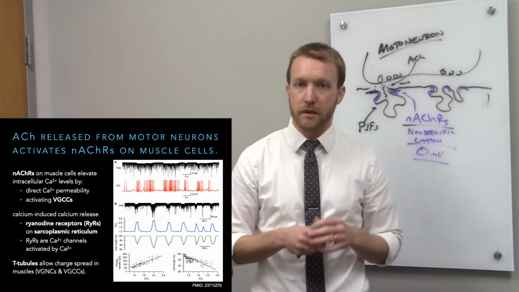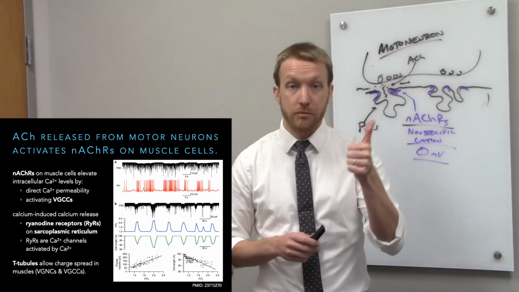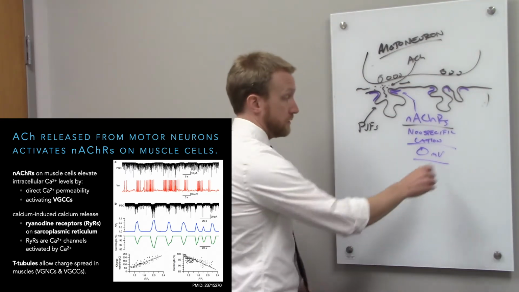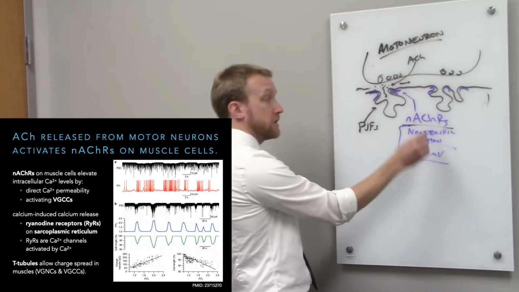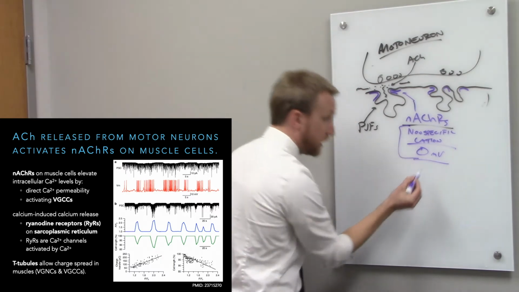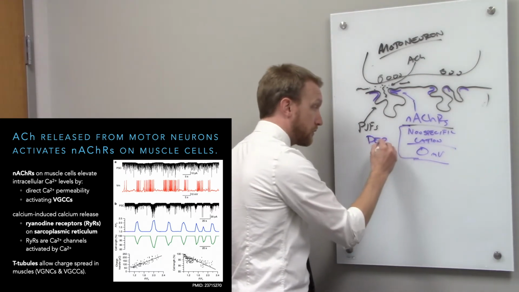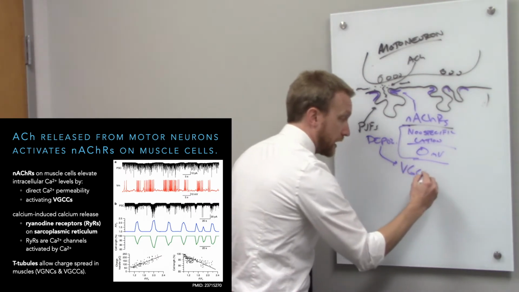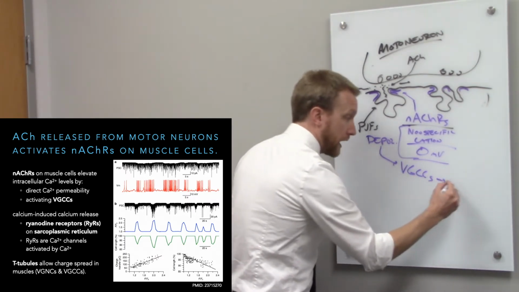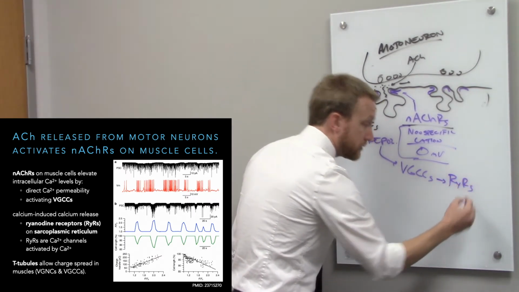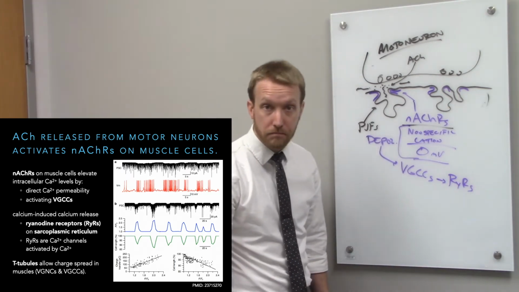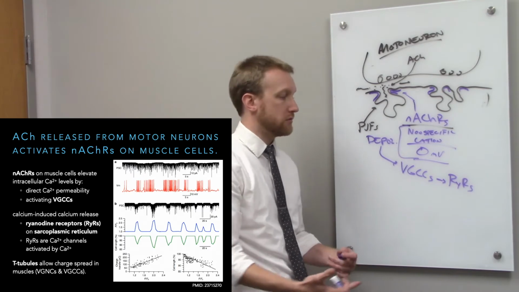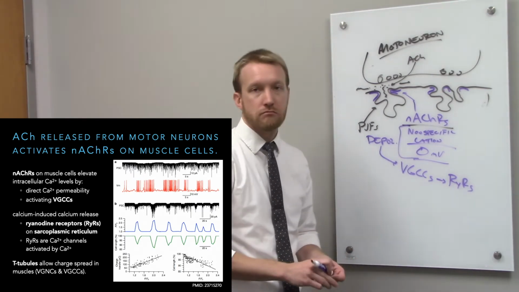So think of these as forming a complex. So whenever we have depolarization from nicotinic acetylcholine receptors, right, that's what's going on here, because it's a non-specific cation channel and reverses at 0 millivolts, it depolarizes us. That depolarization activates voltage-gated calcium channels, which activate ryanodine receptors on the sarcoplasmic reticulum. That's the endoplasmic reticulum for muscles, basically.